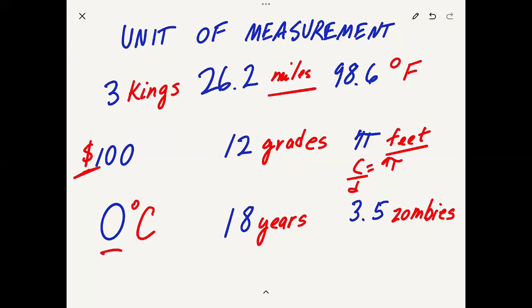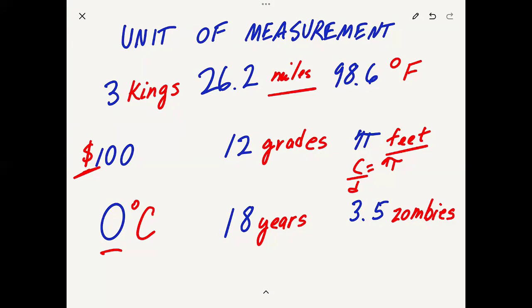This one, it's not just 0. If I say 0 degrees Celsius, you would say, oh, that's the temperature that water freezes at when you measure it in Celsius. And if I say 18, that's just a number. But when I say 18 years, you know we're talking about when a person becomes an adult. That's the legal age for an adult.